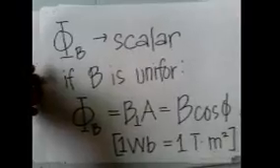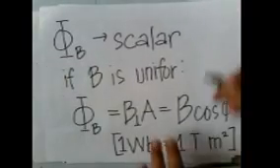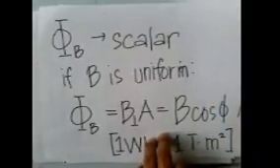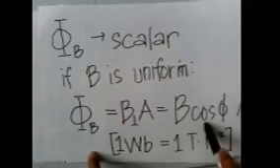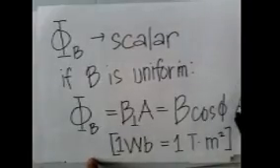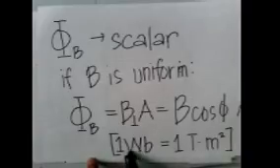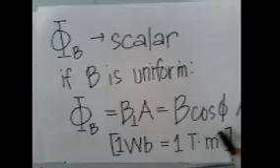If B is uniform, the magnetic flux is equal to BA cosine phi, and the unit for magnetic flux is the Weber. So 1 Weber is equal to 1 Tesla meter squared.